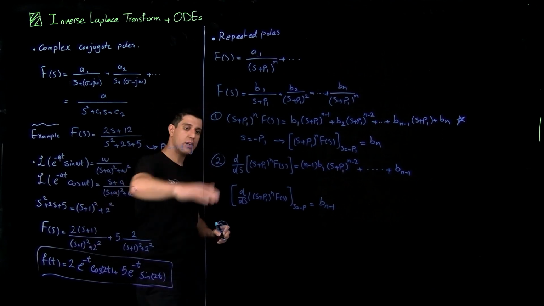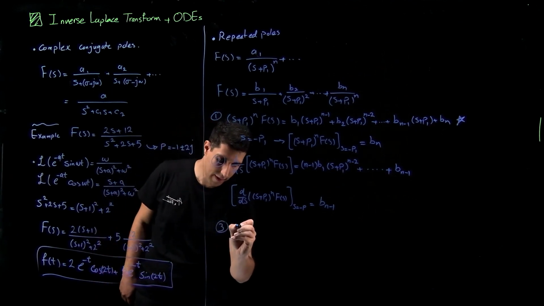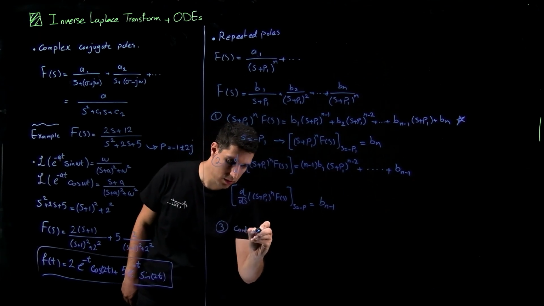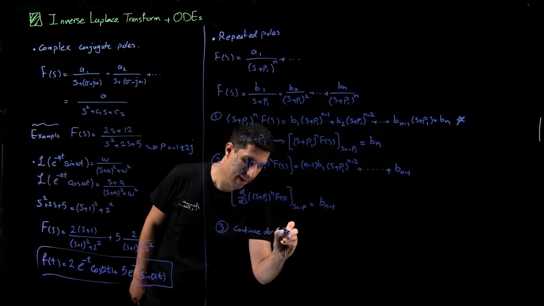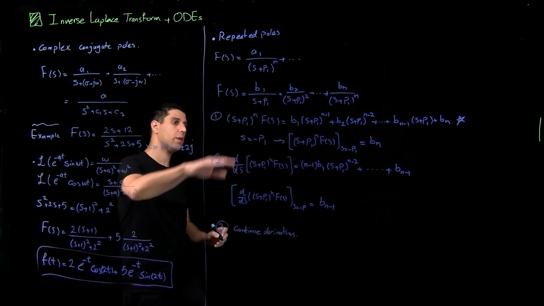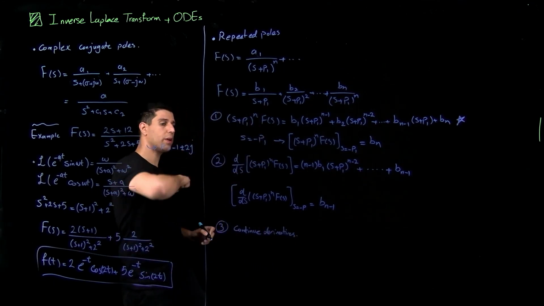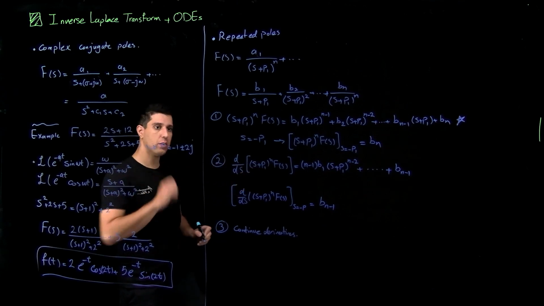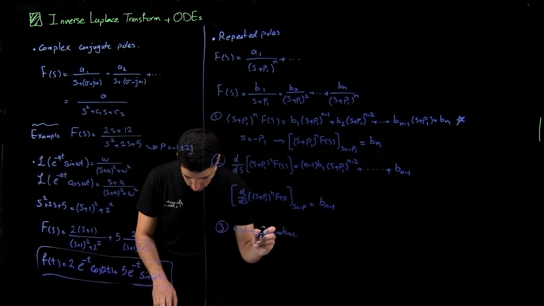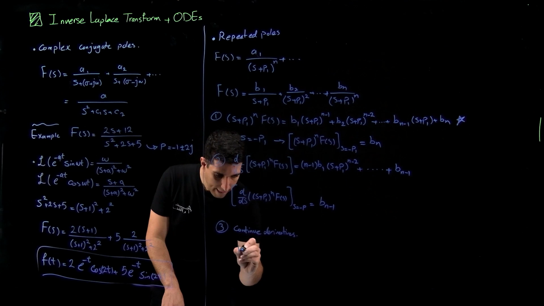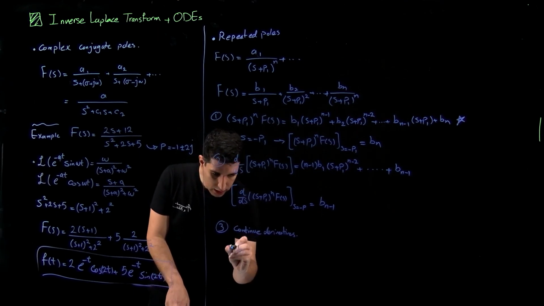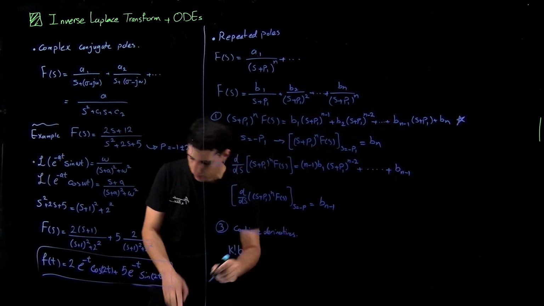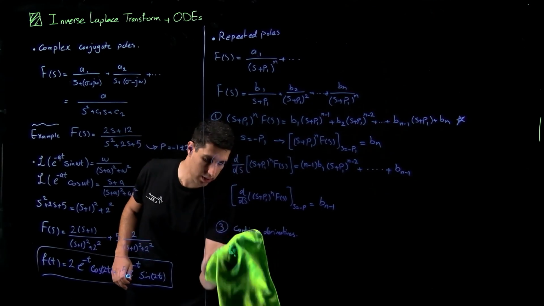And then we can continue taking derivatives, and in each step we can calculate one of the b's, the last remaining one. Let me be a bit more clear.